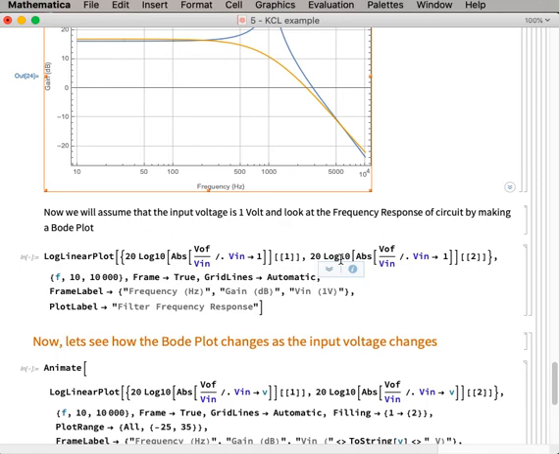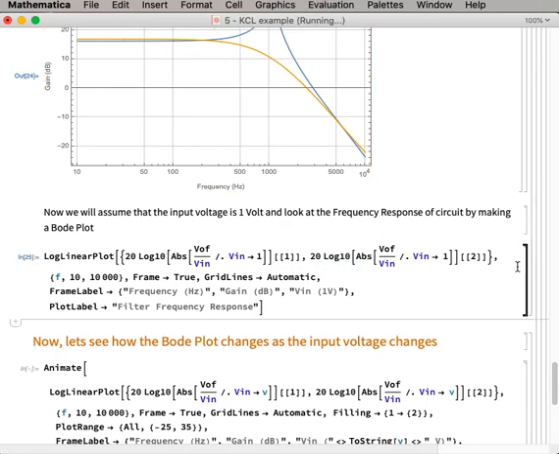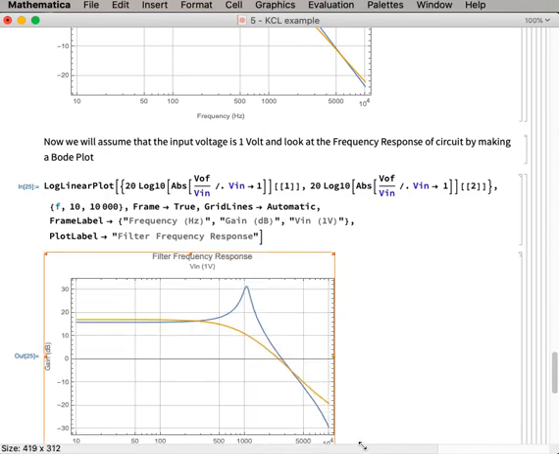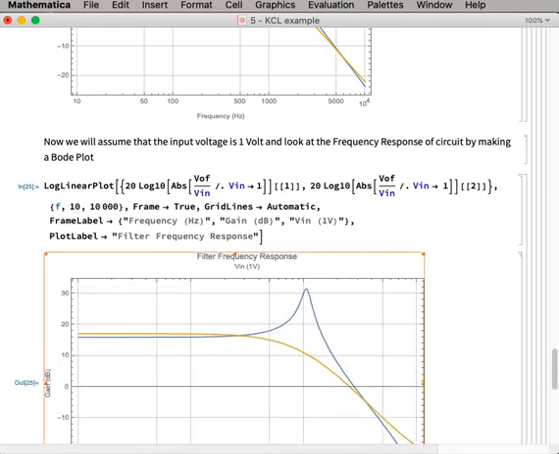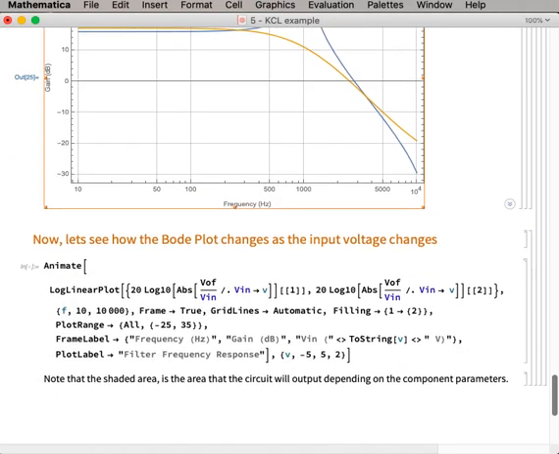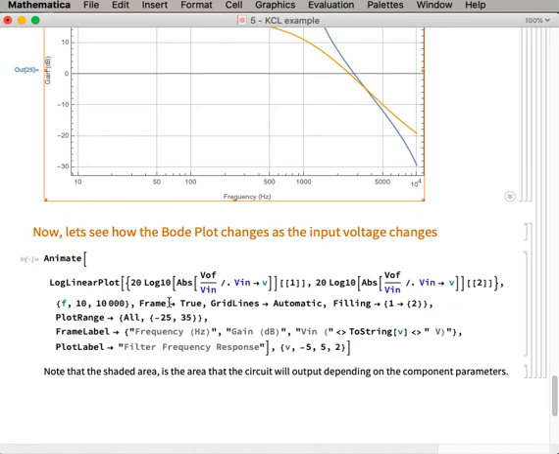Now let's say your input might be 1 volt. So let's change that to 1 volt and make another plot that way. And again, the area between these two lines gives you what possible operating regions there are. Now let's say we want to look at how the Bode plot changes as the input voltage changes.